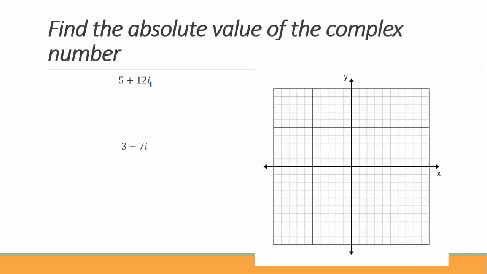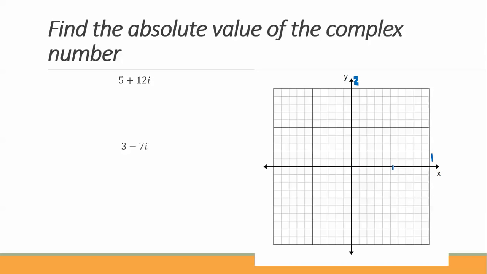5 plus 12i, we're going to plot as, let's see, we have divisions of 10. So for the x values, we'll make it worth 1, and the y values will make worth 2 for this first one.